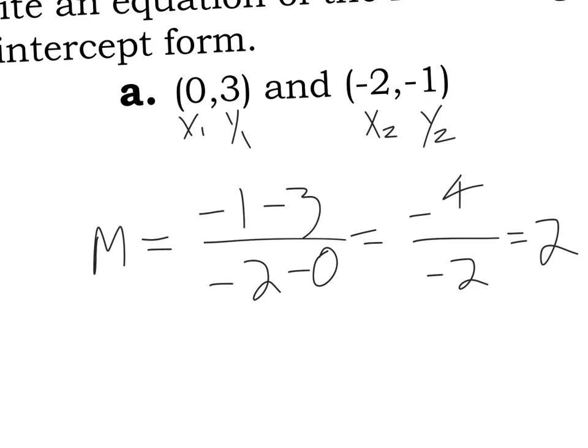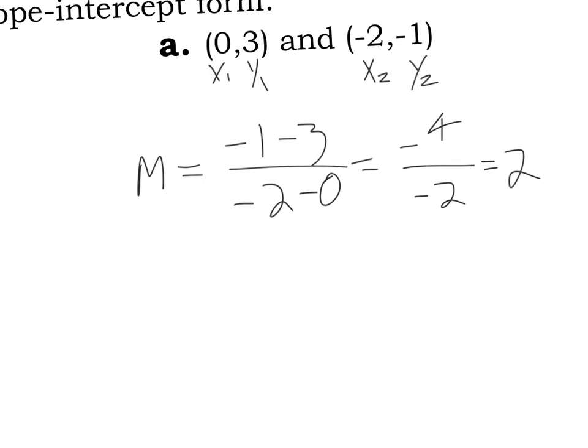So remember, if you know your slope and you know a point on the line, then you can do y equals mx plus b. You just need to plug in 2 for your m, and then either one of these points is going to be fine for the x and y values. If you want to choose 0, 3, that's fine. If you want to use negative 2, negative 1, that's also fine. You'll end up getting the same final answer for b.